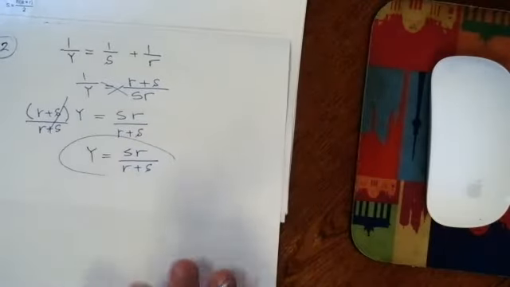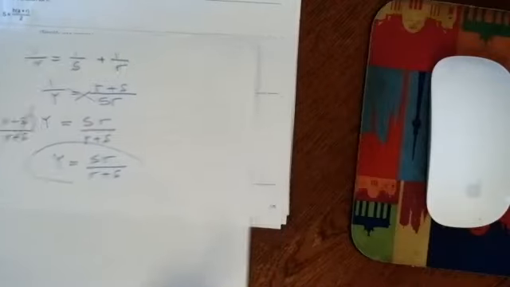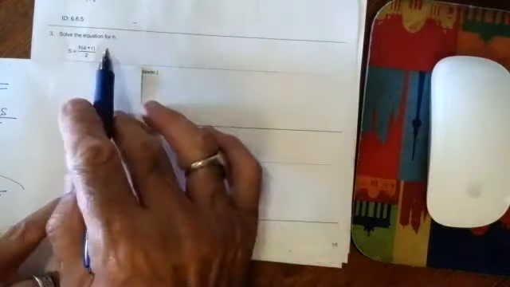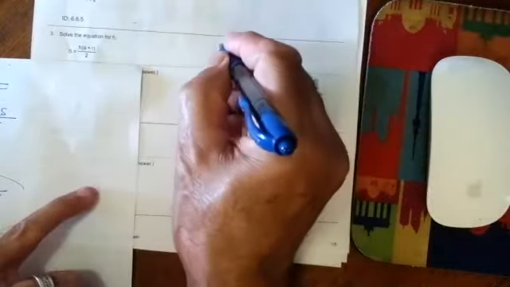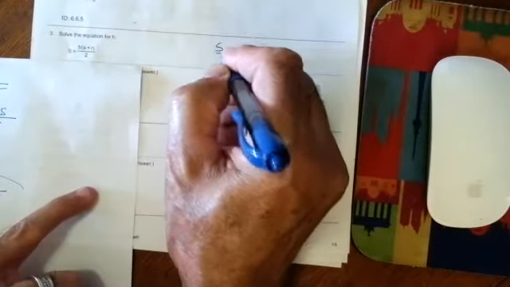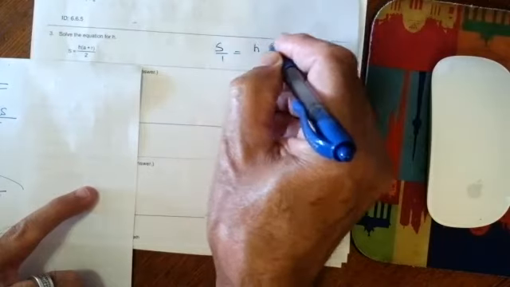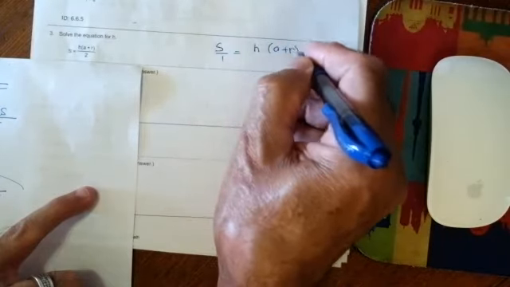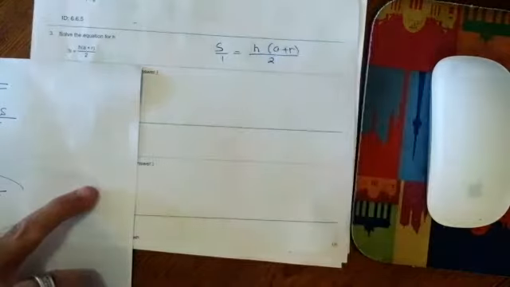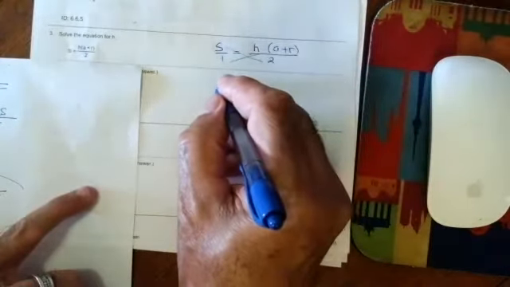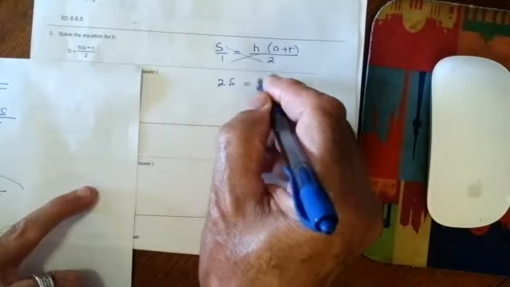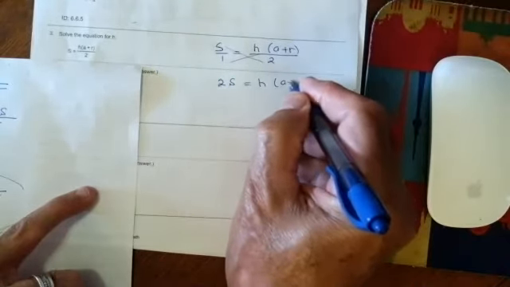Like this one, we want to solve it for the letter h. So you have s, let's say s over 1 is h times a plus r over 2. When I cross multiply here, I have 2s is h times a plus r.